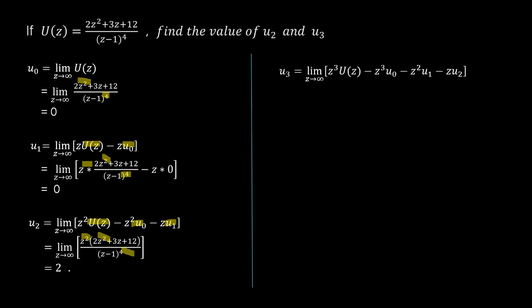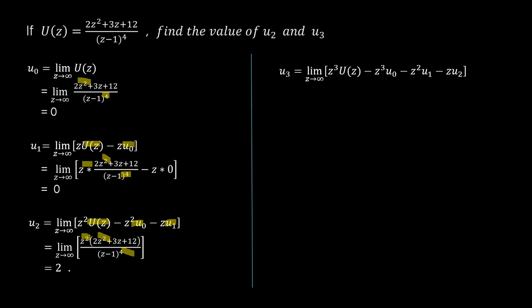The last term is u3 and is equal to limit of z cube into U(z) minus z cube into u0 minus z square into u1 minus z into u2 as z tends to infinity.